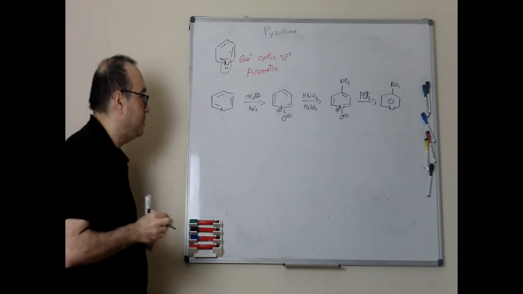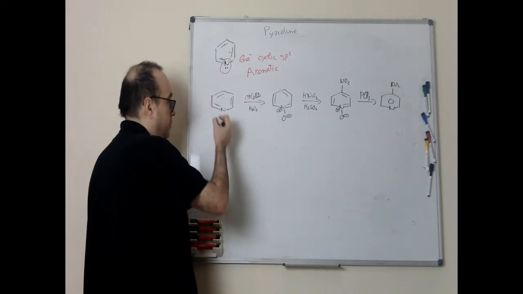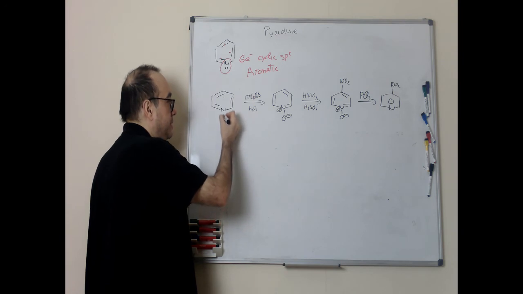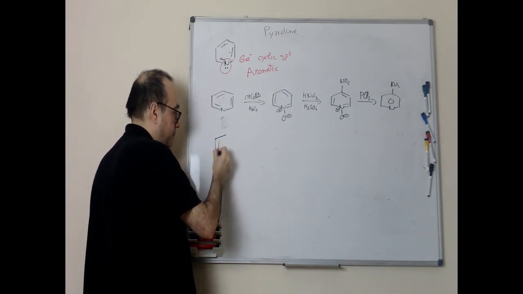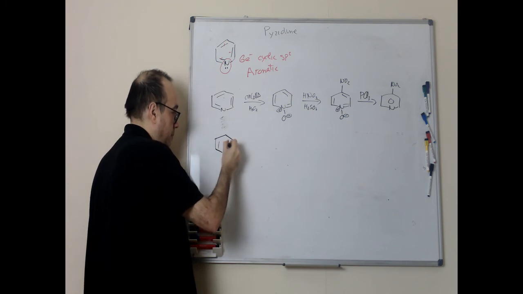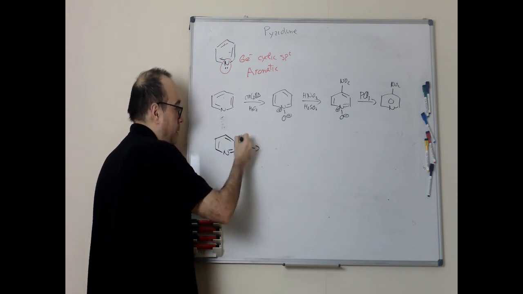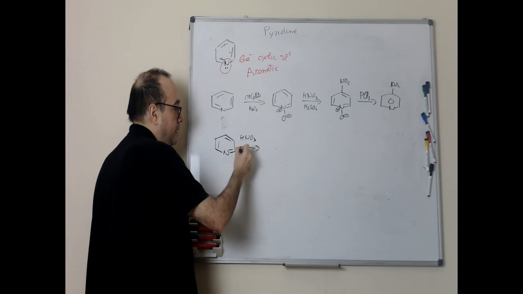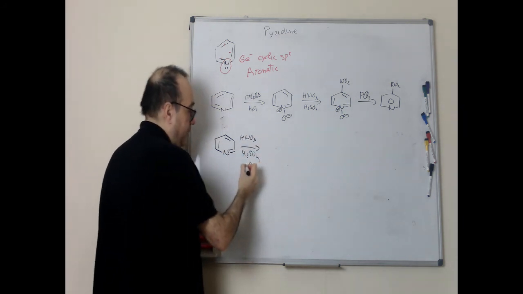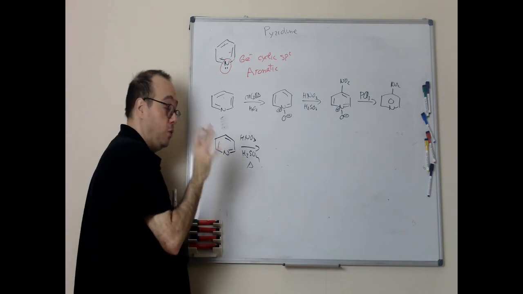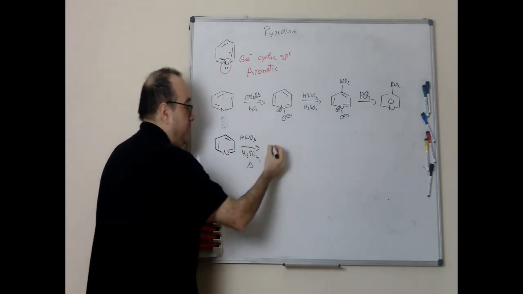Okay, remember, for example, that if we do exactly the same reaction with the pyridine, first of all, it will not work well. We will need to force the conditions.